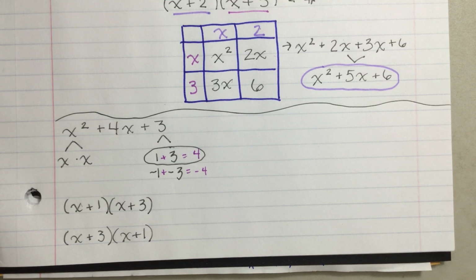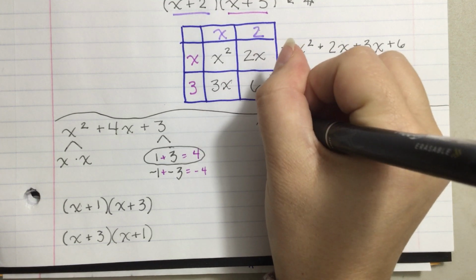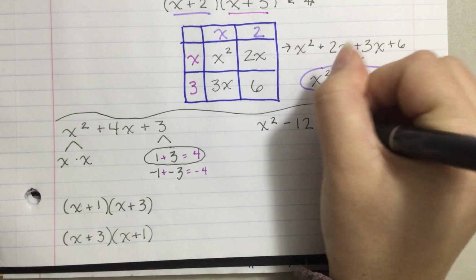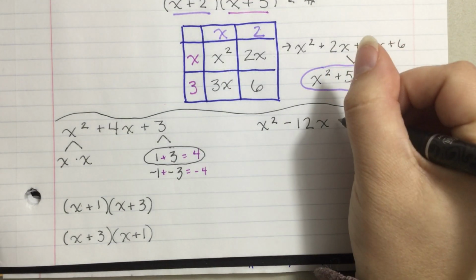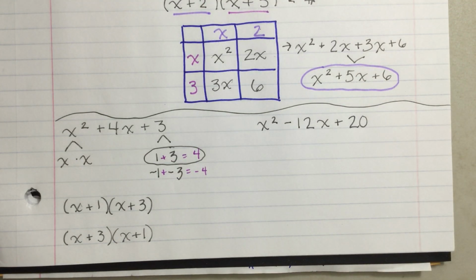Now let's say that we had one with some negative answers. So let's do x squared minus 12x plus 20.